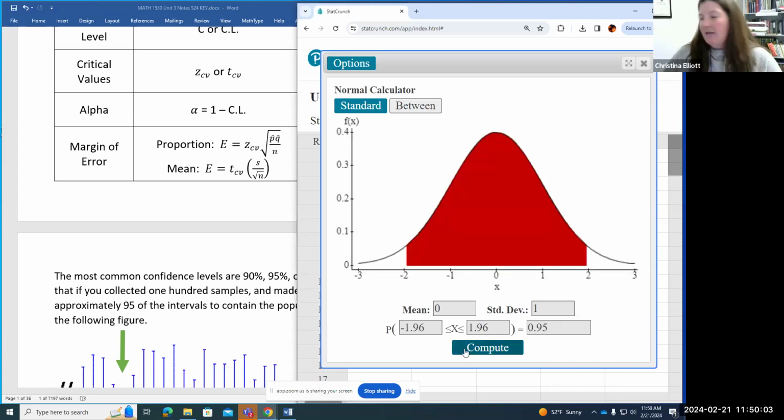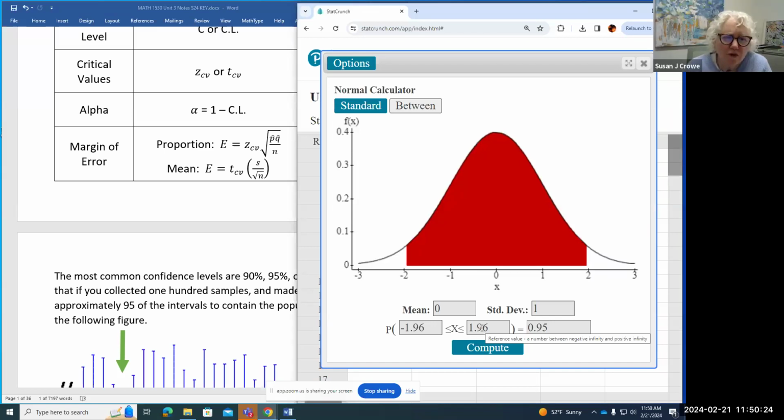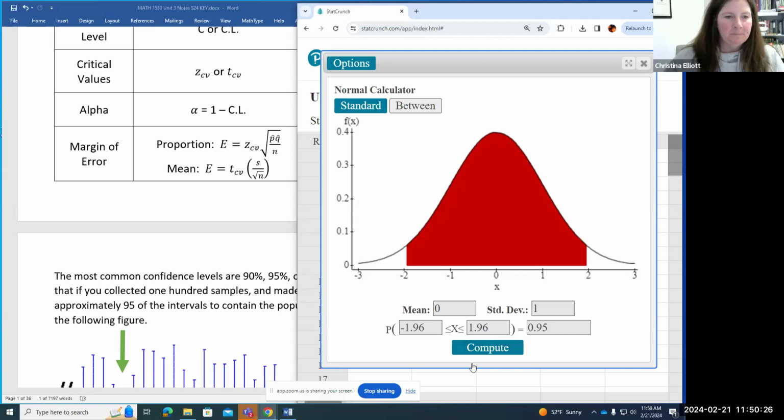And that critical value would be 1.96. It's really plus or minus 1.96, but since we're adding it and subtracting it, it doesn't matter. I just use the positive one and report the positive one if we ask for it.